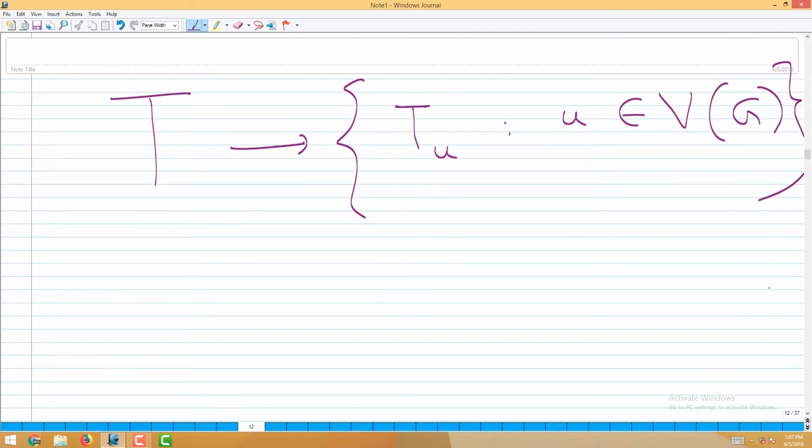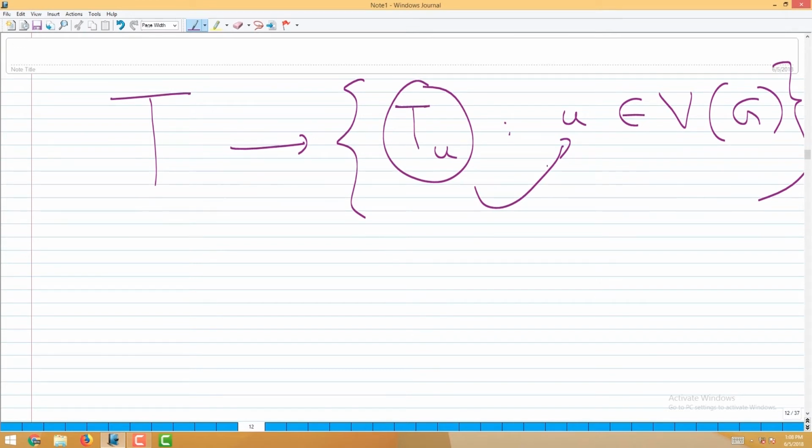I am just collecting the bags of which u is a part, and in the conceptual tree each bag is a node, so that forms a connected structure there. That connected subtree is this Tu that I associate with u, and for each vertex I get one. If there were n vertices in the chordal graph, I get n such subtrees. Some of them may intersect, some may not.